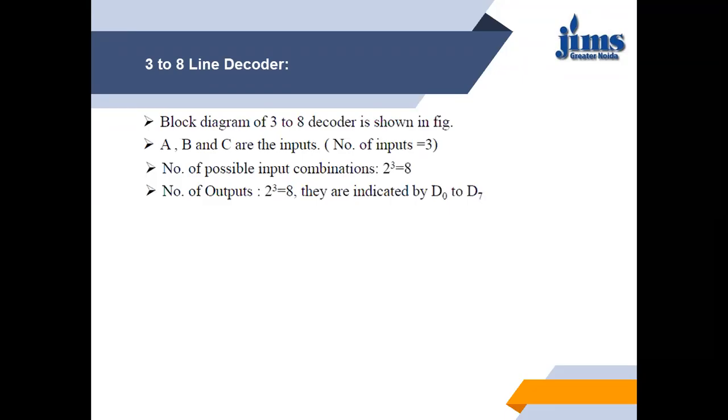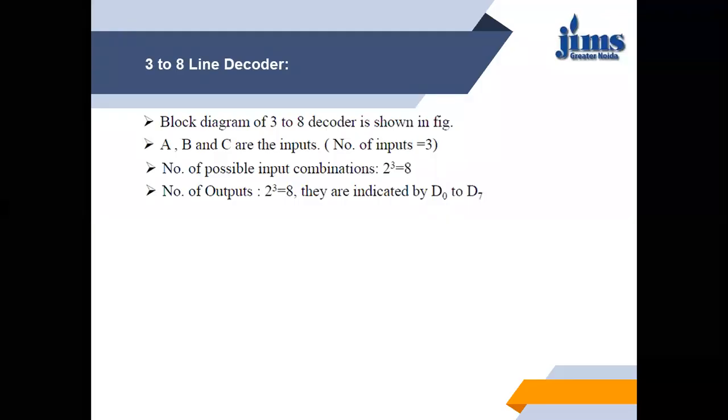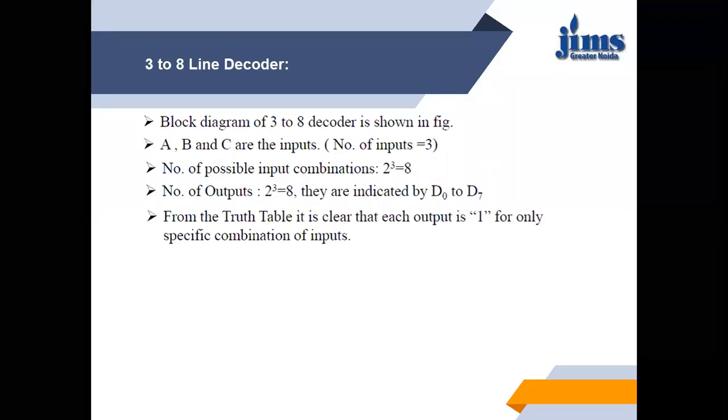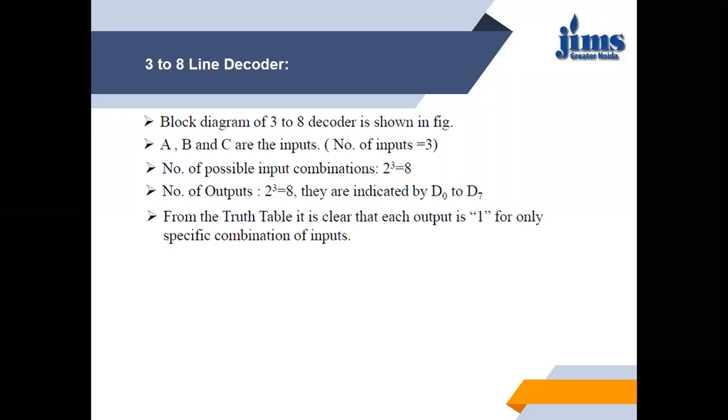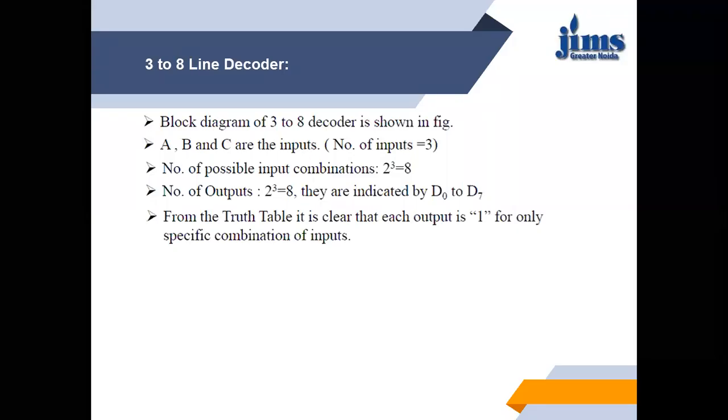And I have named the 8 outputs D0, D1, D2, D3, D4, D5, D6 and D7. Again, in the truth table, only one output will be 1 and the rest of the outputs will be 0.